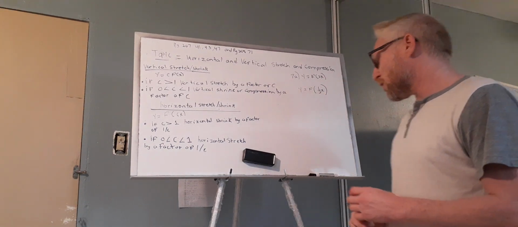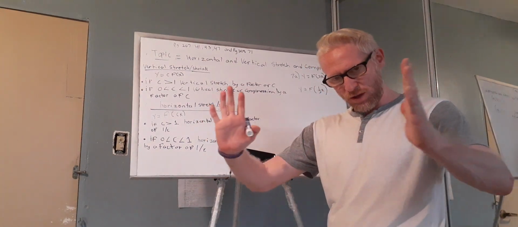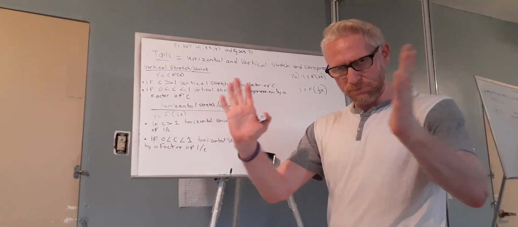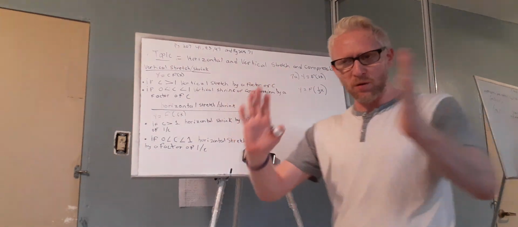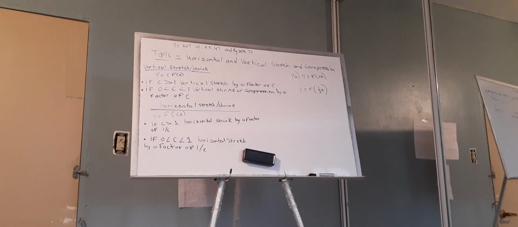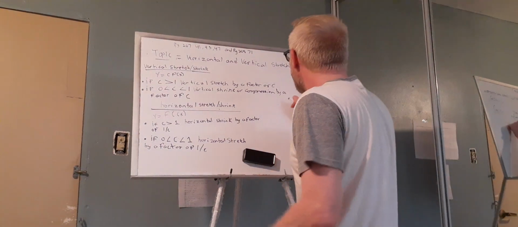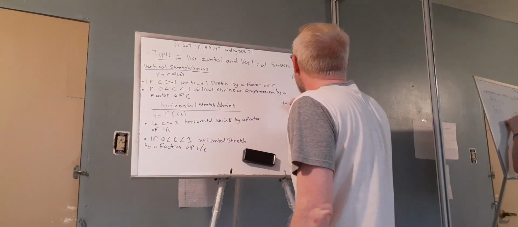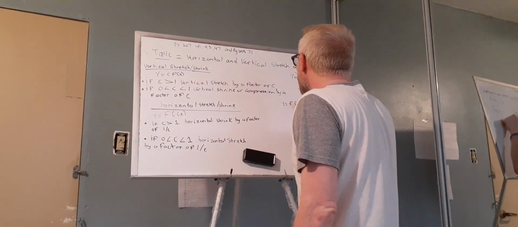And a horizontal shrink or compression is like I'm taking the graph and I'm doing this. I'm kind of like folding it or meeting it. So if I look at the first one, all I'm seeing is a horizontal shrink of a factor of 1 over c. So the first one, y equals f of 2x.